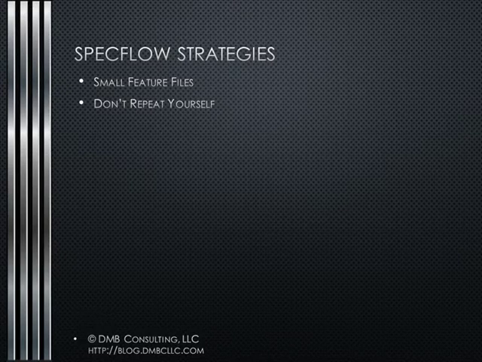So let's say each of your features have similar setup code that you need to implement. In the case of our user administration example that we just started out with, you'll have code you need to implement for adding a user, deleting a user, adding roles to a user, searching for a user, and probably some other stuff. And for each of those, your before code is all going to look the same.